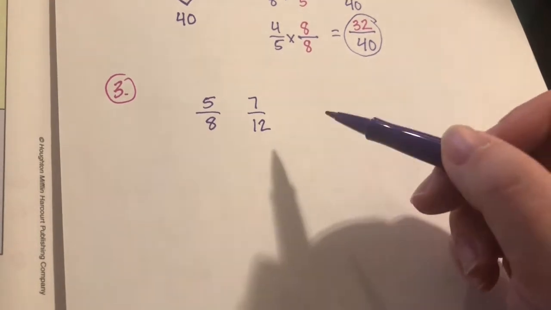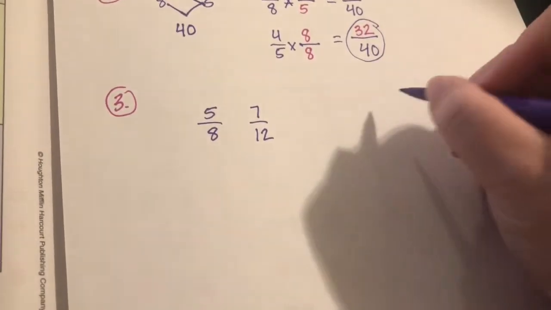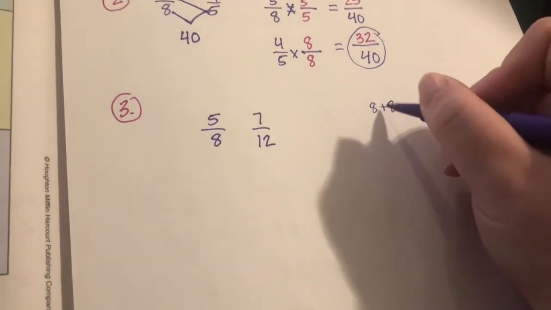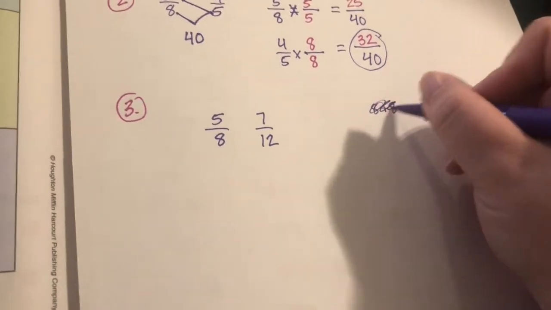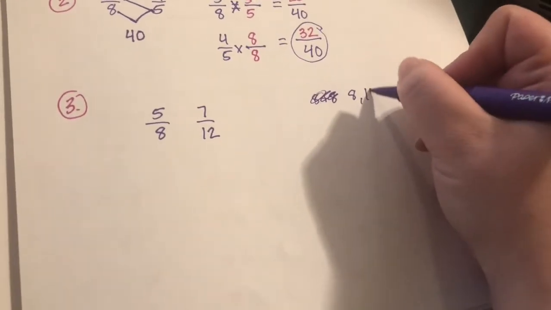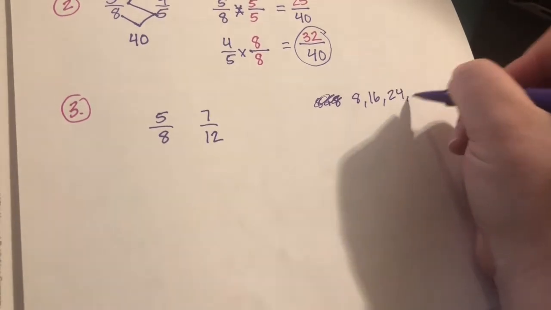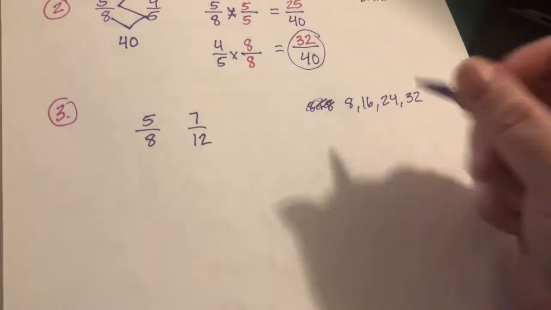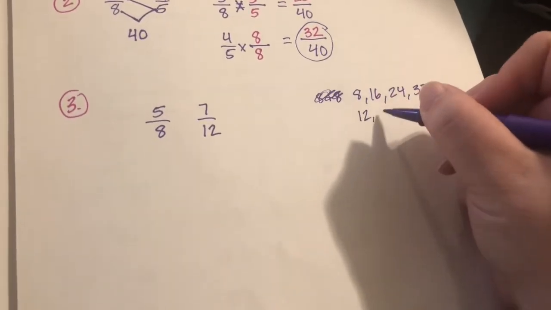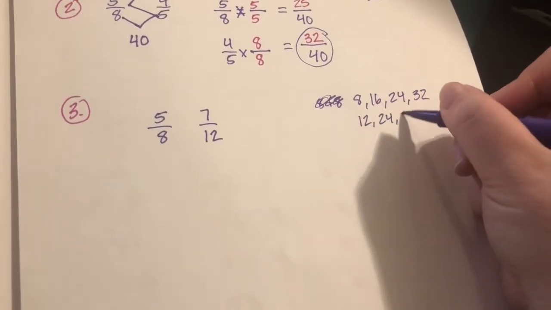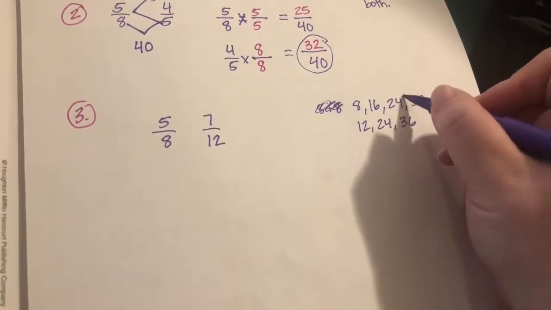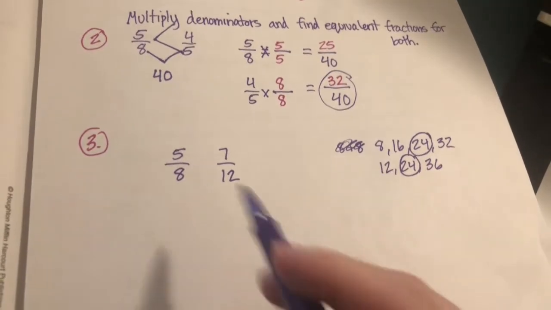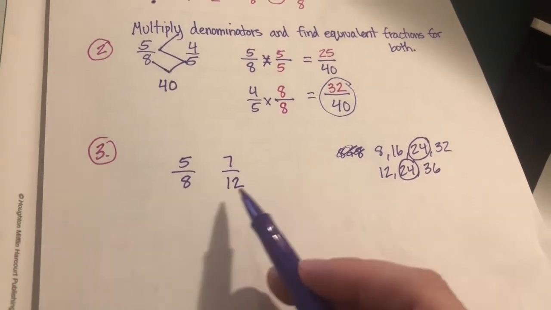The multiples of 8 are 8, 16, 24, 32, right? And for 12, you have 12, 24, 36. You can tell that 24 is a common multiple that those two numbers have in common.